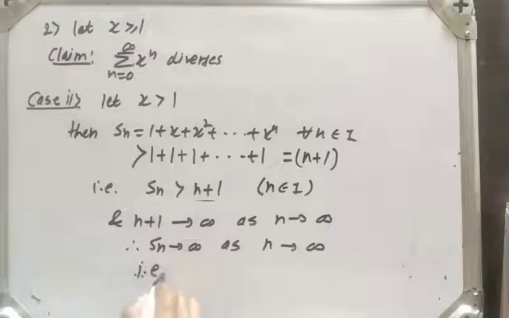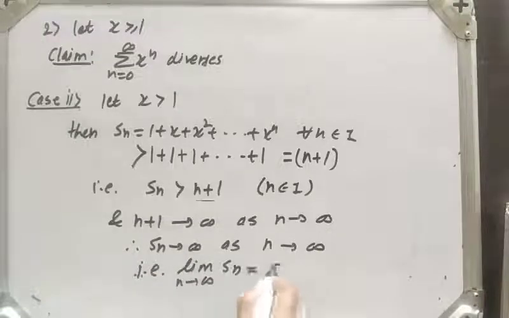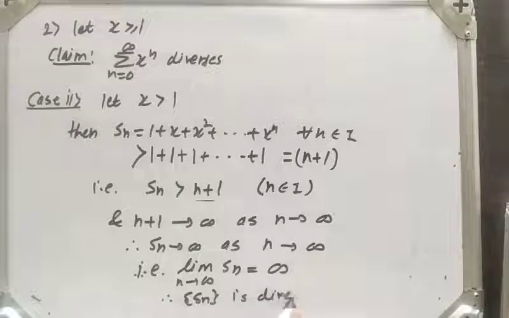That is, the limit of Sn as n tends to infinity is equal to infinity. Therefore the sequence Sn is divergent, and therefore the series is a divergent series.